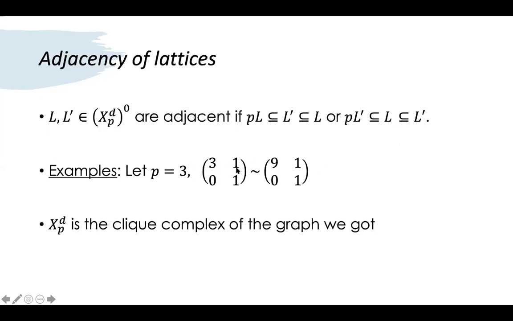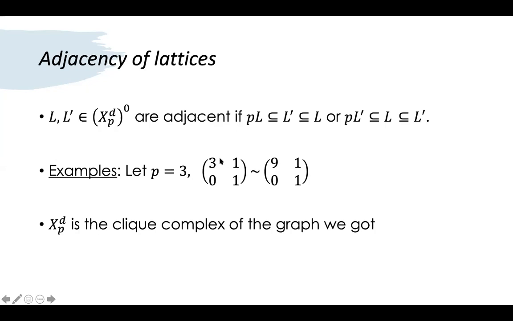Let's see an example. You see here 3, 1, 0, 1. I claim that in the one-dimensional building, where P is 3, these two lattices are adjacent. First of all, the GCD of all the numbers here is 1 because 1 appears in the matrix.